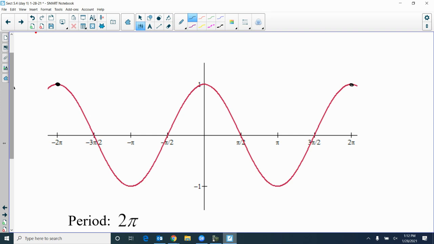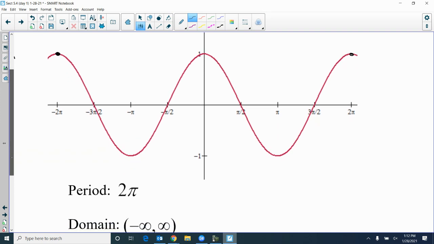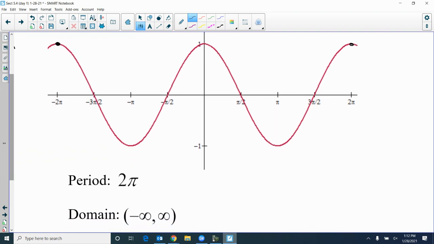Period, again, will be 2 pi. That's how long it takes for it to recycle through there. Domain, -infinity to infinity. We're going to plug in everything, and your range is going to be the same as well, -1 to 1. All right, think about is it even or odd once you get it down.